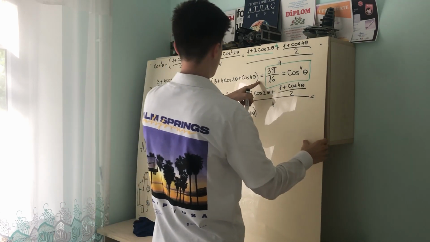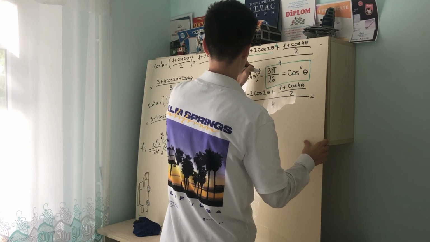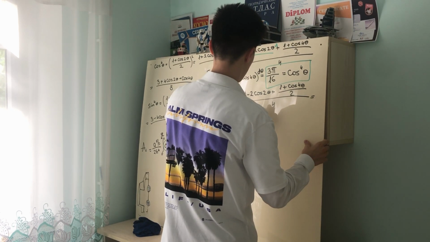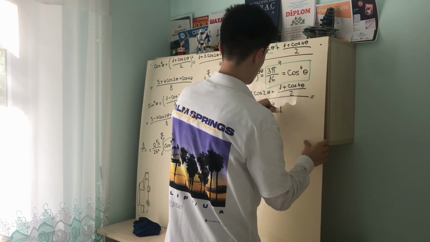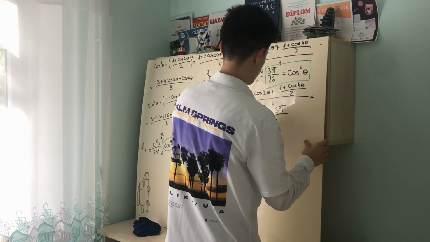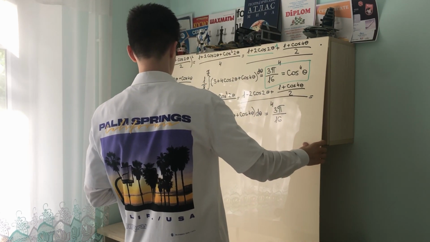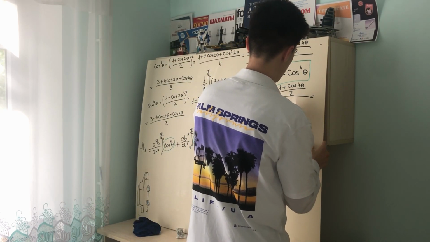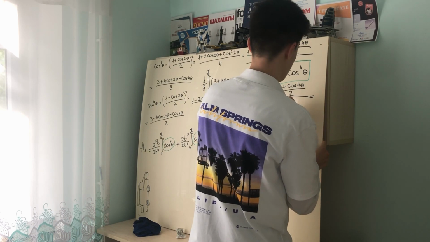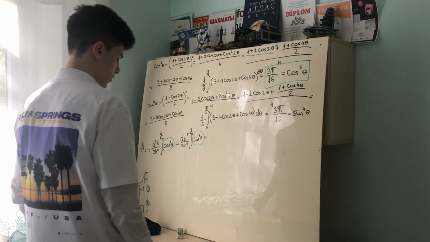I forgot to write d theta here, isn't it? Yes, d theta. And again we will have 3 pi over 16. You can check it. So this is our sine to the 4 theta. Alright.